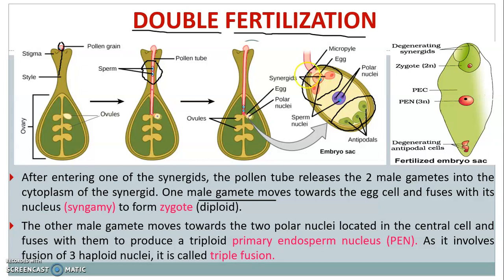Once the pollen tube releases the male gametes, one male gamete goes through the synergid. These are the synergids. This is a synergid and this is a synergid. So this pollen tube releases the male gamete in the synergid. Now through the synergid, this male gamete enters and fuses with the female gamete, that is the egg cell.